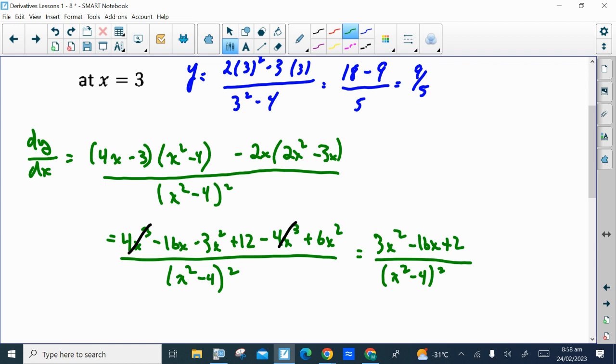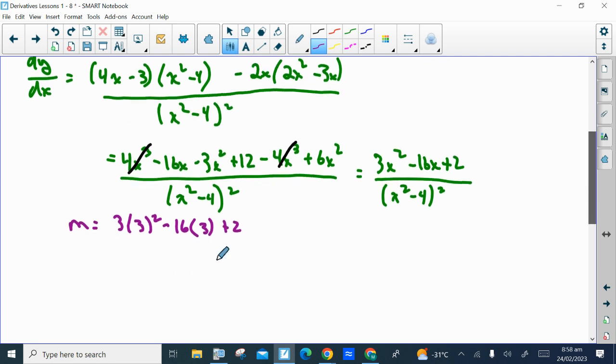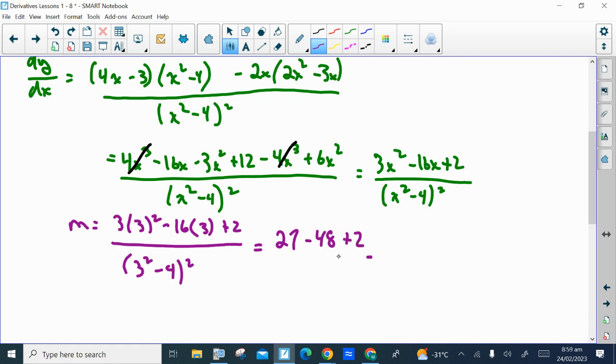And we can use this to find the derivative, the slope of the tangent, by letting x equal 3. 3 squared is 9, times 3 is 27, minus 16 times 3 is 48, plus 12. Over 3 squared is 9, take away 4 is 5, squared is 25.